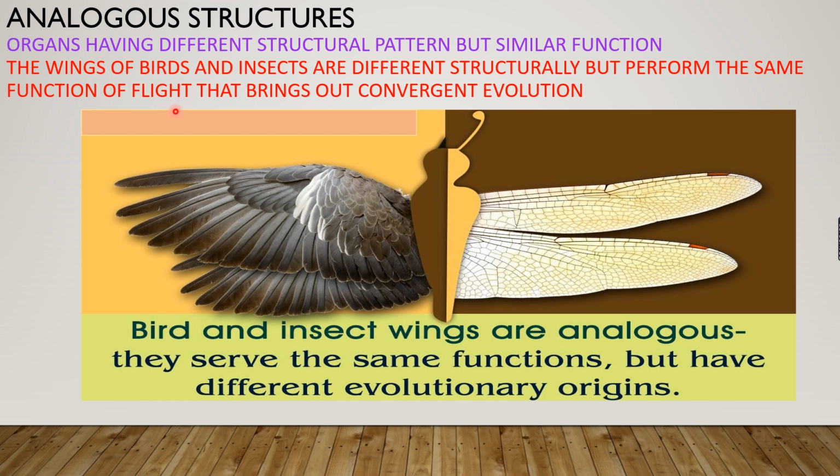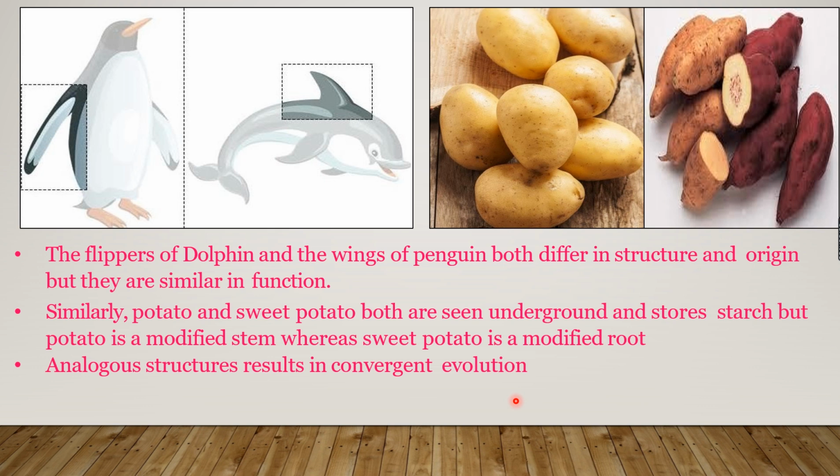So that brings out convergent evolution. Homologous structures lead to divergent evolution, analogous structures to convergent evolution. So birds and insect wings are analogous. They serve the same function but have different structure and different evolutionary origins.